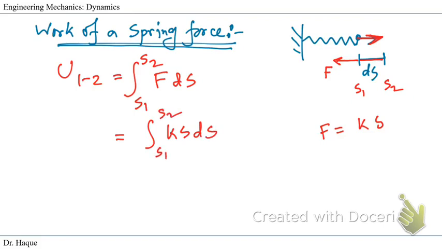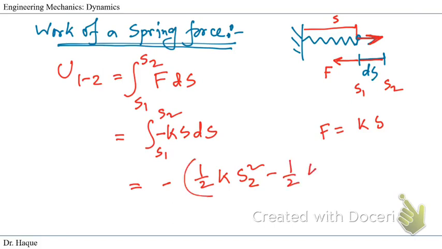Here s is the current position of the particle, the distance s. It will be negative because, like we discussed, the force is acting against the direction of the displacement. If we take the integration, we get negative half k s2 squared minus half k s1 squared.